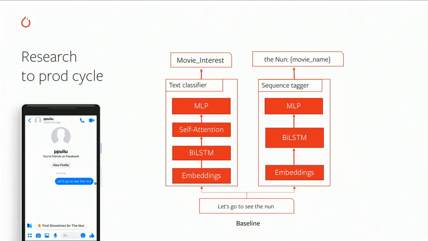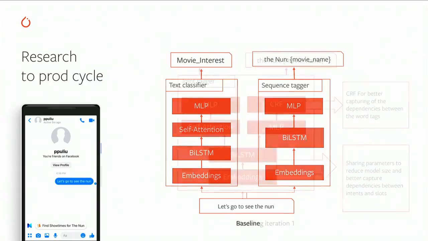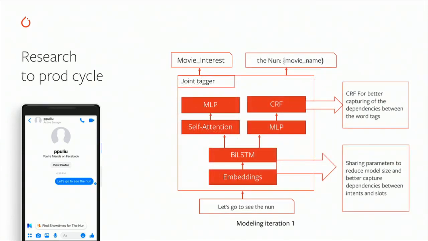Now, I want to make a couple of improvements in order to make the accuracy of this model better. The first thing I want to do is, instead of training them separately, with a separate model for intents and a separate model for slots, train a joint model. The reason is to reduce the number of parameters that we are learning, and to better capture the dependencies between the intents and slots.